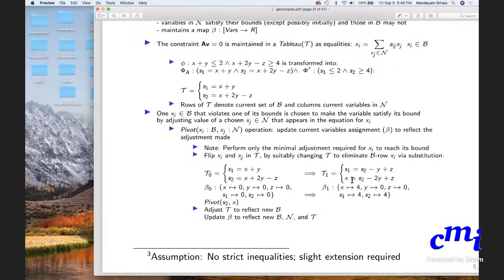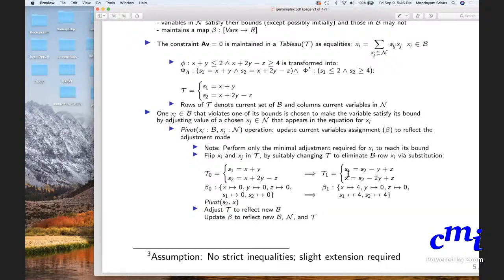In order to get that movement reflected, we redefine X, the new variable, by moving the variables around in this equation, so that every variable in the basic set preserves the equality.